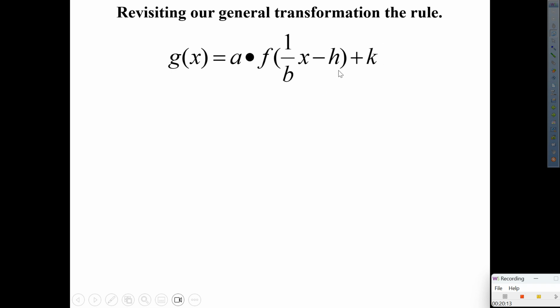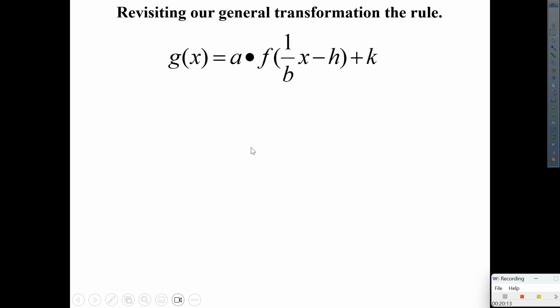Up and down. How about h? Side to side. Pass someone for a and b. Right, and a does what? Stretches it or shrinks it in which direction? Yeah, vertical. Straight up, straight down. And b? Same but horizontal.